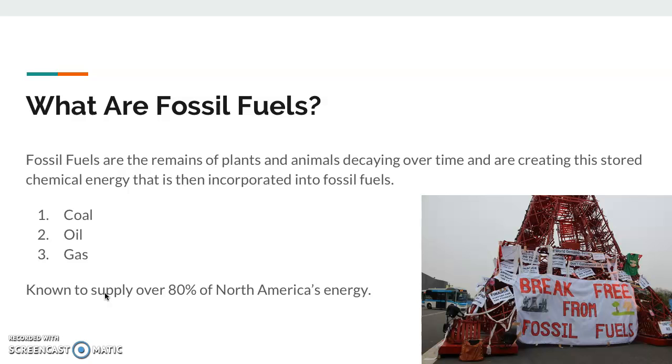So that's how we get our oil, our coal, and our gas. Those are the top three fossil fuels that we use today in America, and all of North America actually, known to supply over 80% of North America's energy, which is insane.